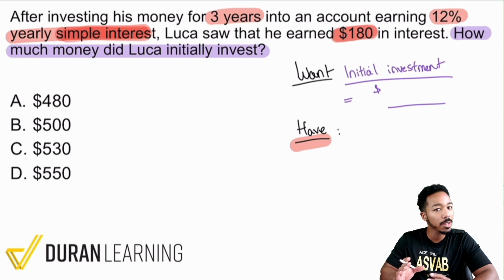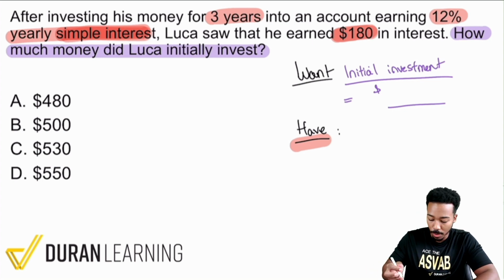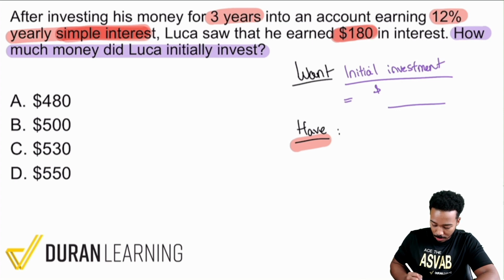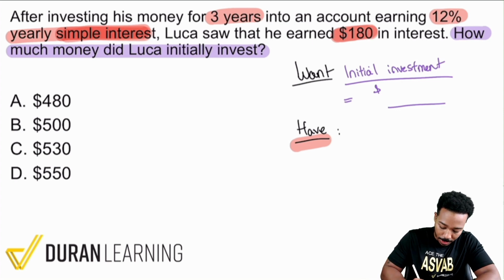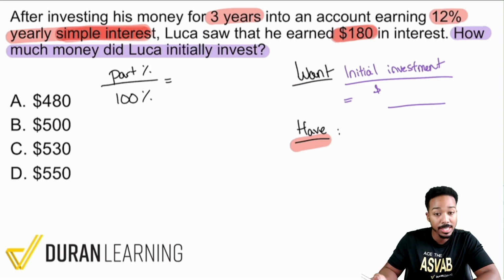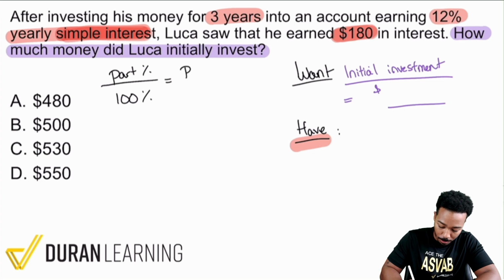The skill that I'm going to show you here is just remembering to think about interest and percentages overall as proportions. And if you didn't know, remember that the part percent over 100% is the same thing as the part over the whole.